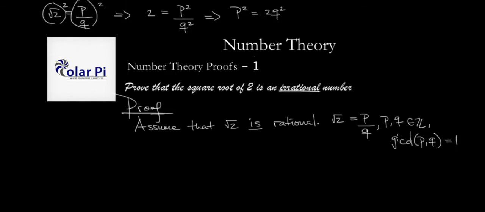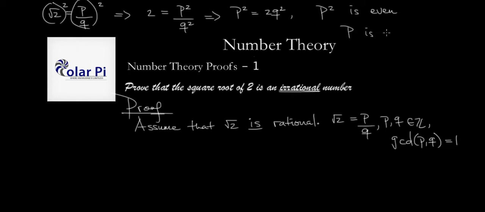Now, we said that q was a member of the integers. So q squared is a member of the integers. And we have that p squared is equal to 2 times an integer. So that means that p squared is even, because all even numbers can be written as 2 times an integer, right? Okay, cool. But if p squared is even, that means that p is even.